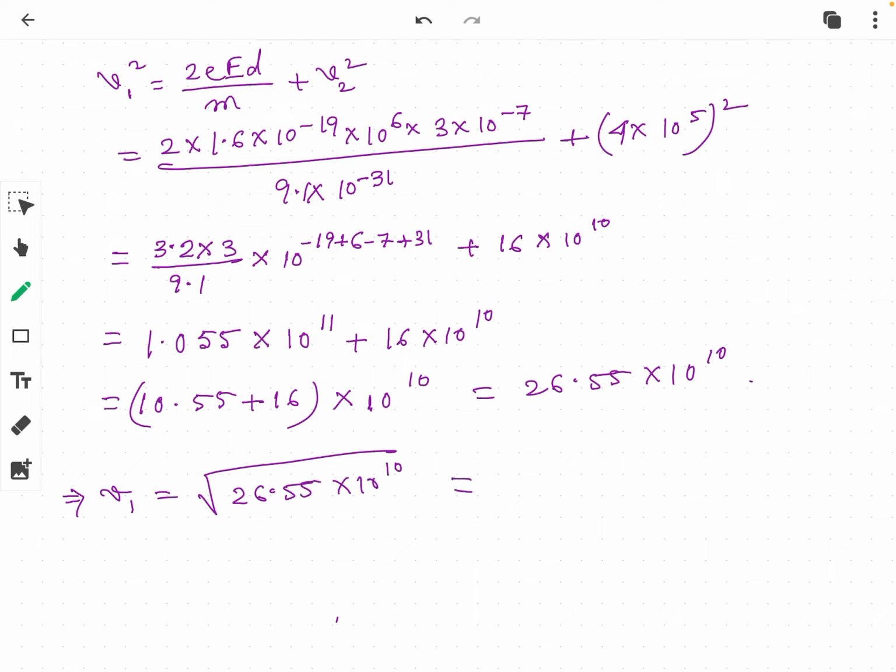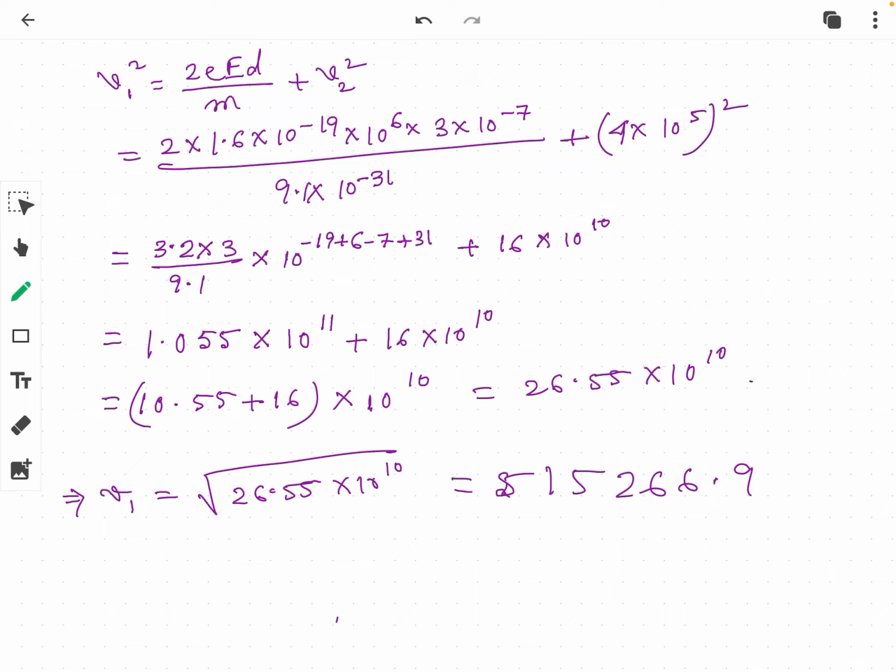If we do it in our calculator, because without a calculator we can't do it, that is equal to 515,266.9.